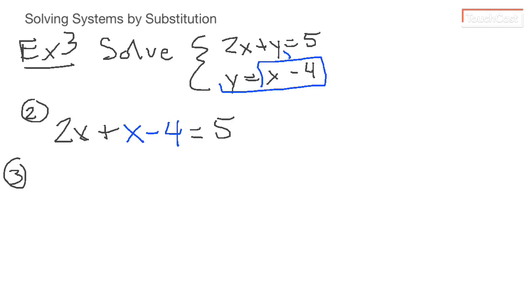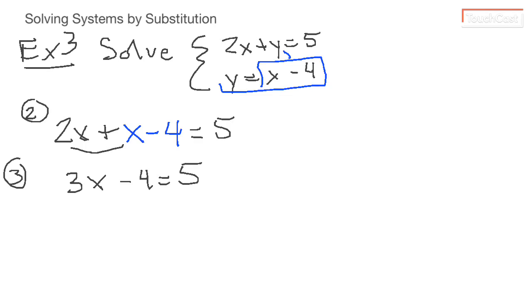We have x, so we're going to solve for it. Now I'm going to combine my like terms, so I'm going to combine 2x and x to get 3x, and there's nothing to combine 4 with, so I'm just going to bring a minus 4 down in my work. And that's all equal to 5 still.